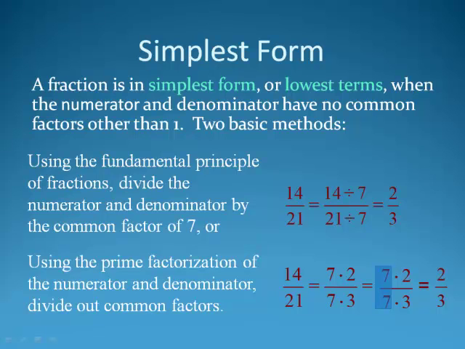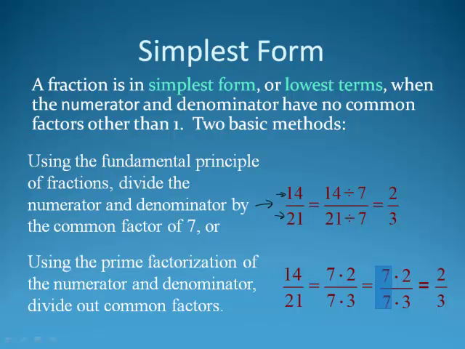So looking at the first example here, where we're going to use the fundamental property of fractions, we want to find a value or a factor that we can divide both 14 and 21 by evenly. So we want it to be a factor. And we want to pick the biggest factor we can think of so that the resulting fraction can't be reduced anymore. We want it to be in lowest terms.